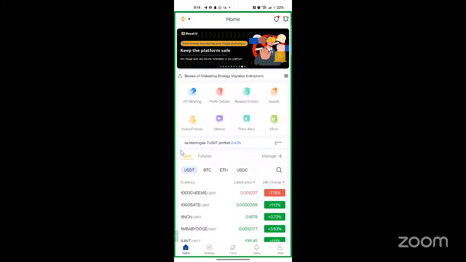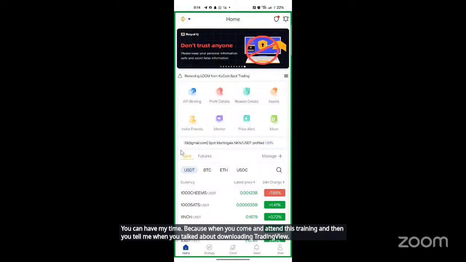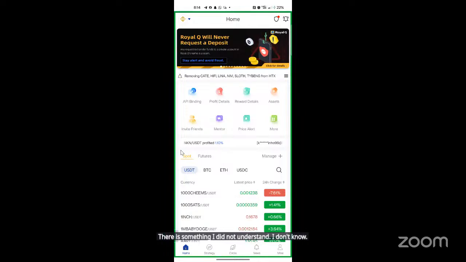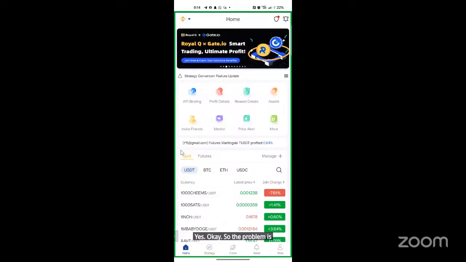Because when you come and attend this training, and then you tell me, when you talked about downloading TradingView, there is something I did not understand, does that make sense? You see how I will look at your idea and say, wow, yes, okay, so the problem is this. So it becomes easy when I get your problem.